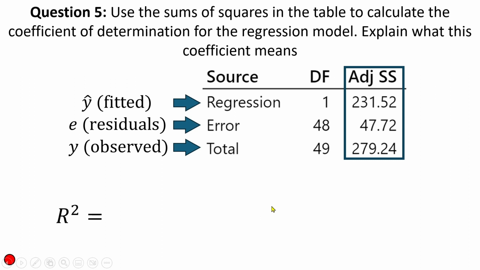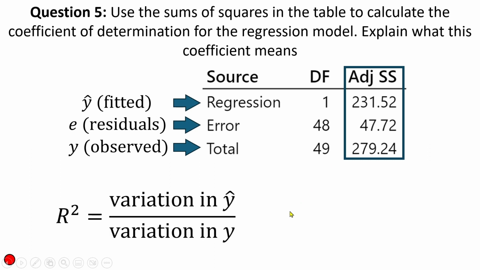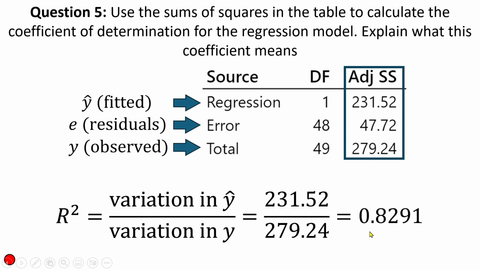R squared is simply the proportion of variation in the observed values that's accounted for by the regression, or in other words, by the fitted values. So we simply take the variation in the observations, put that on the bottom. On top, we put the variation in the fitted values. And so it's 231.52 on top, 279.24 on bottom. We do the calculation and we get, in this case, 0.8291.